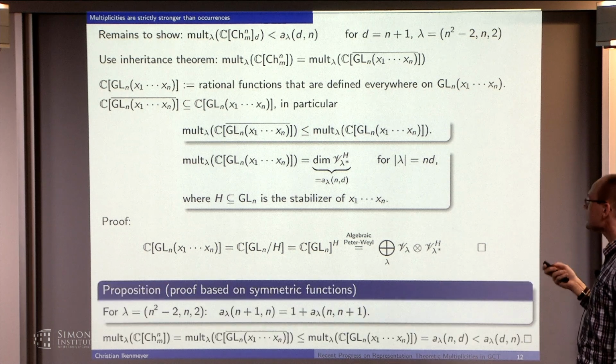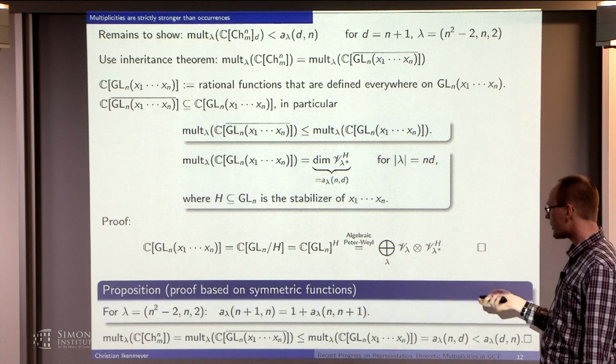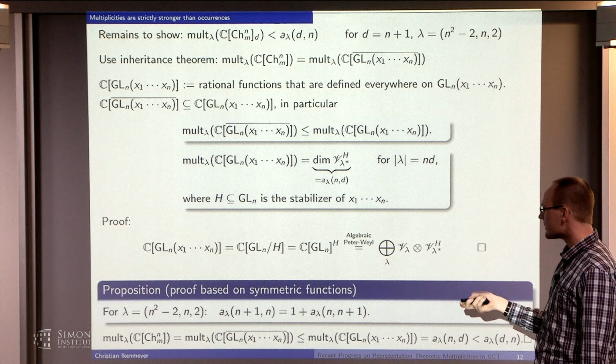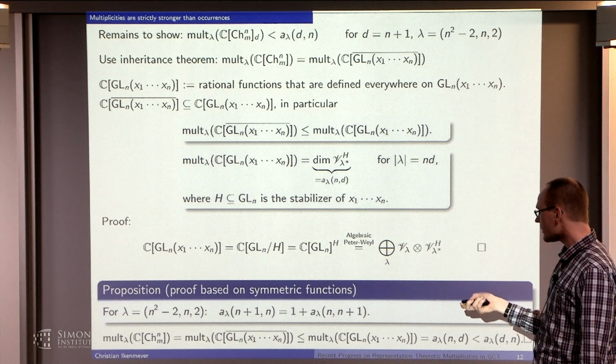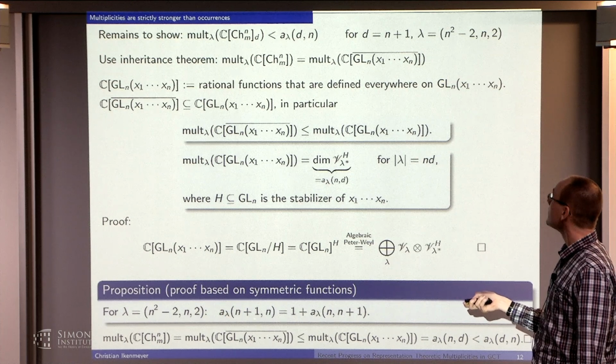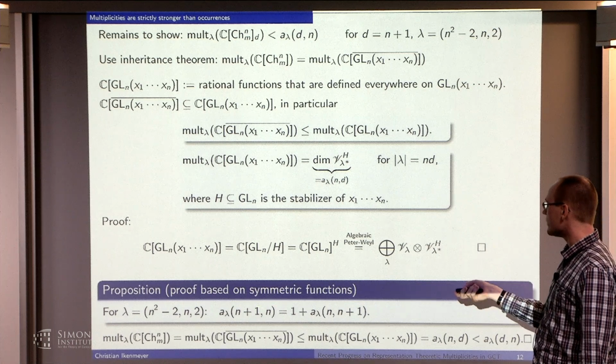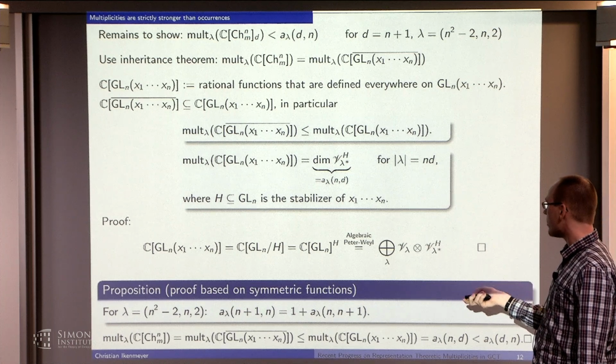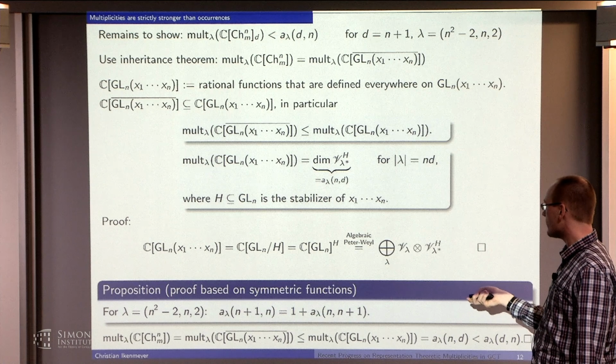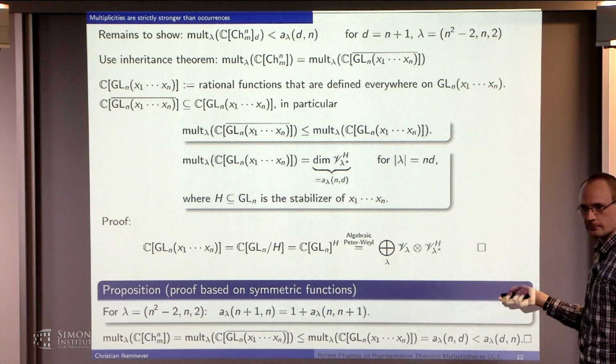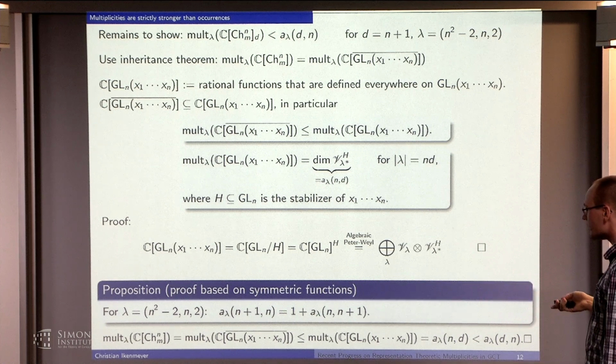Now, once we have established this fact, we can look at the specific lambda and compare this big ambient multiplicity with the one that's our upper bound, right? Indeed, there we can prove a gap of 1. This is a proof based on symmetric functions.